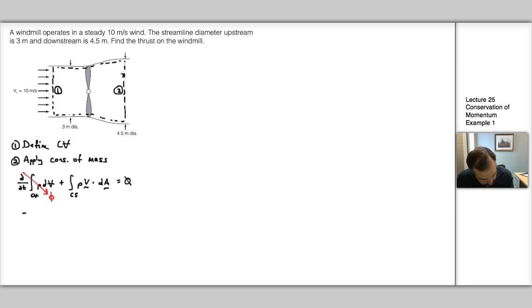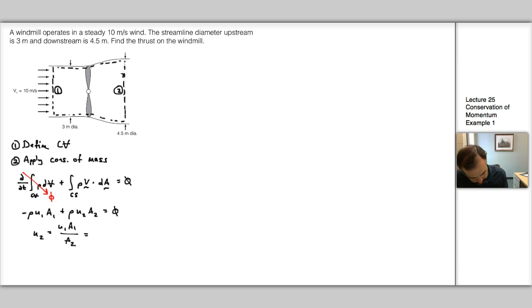We have negative rho U1 A1 plus rho U2 A2 is equal to 0. We can rearrange and get U2 is equal to U1 A1 over A2.